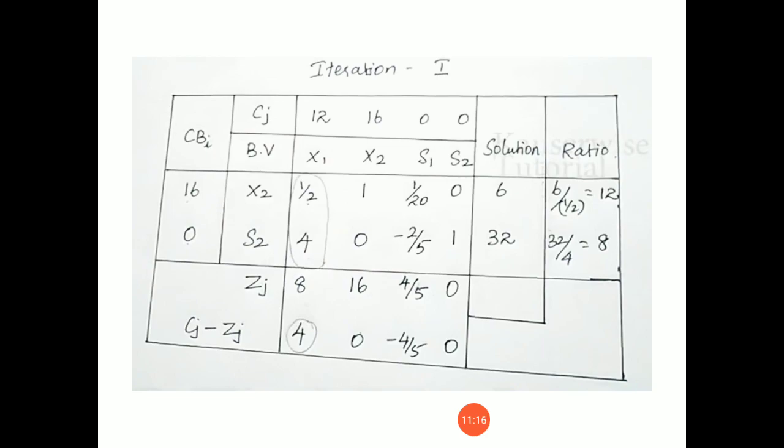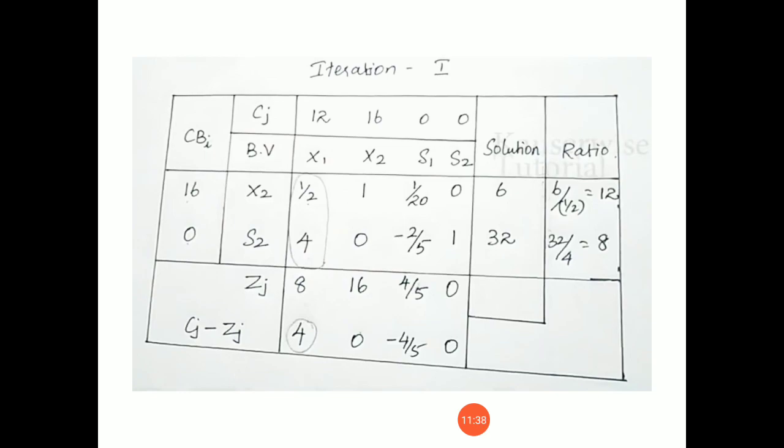So for finding the first element of the ratio column, it is 6 divided by 1 by 2, which is equal to 12. For the second element of the ratio column, it is 32 divided by 4, which is equal to 8.